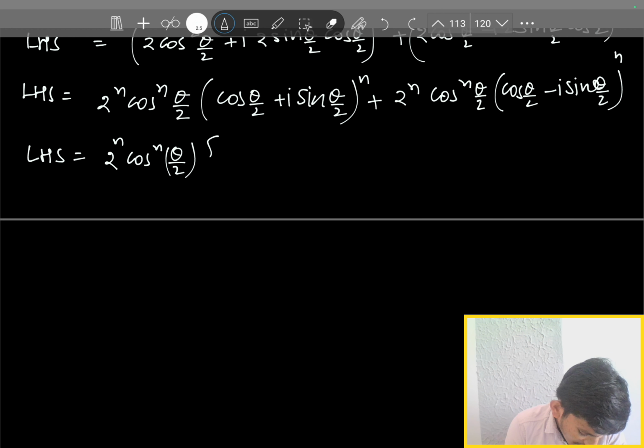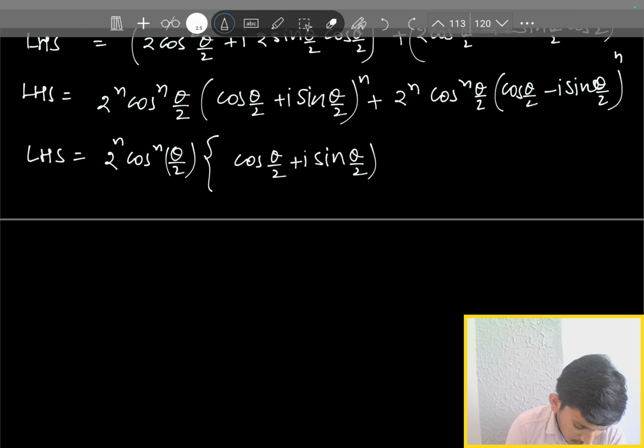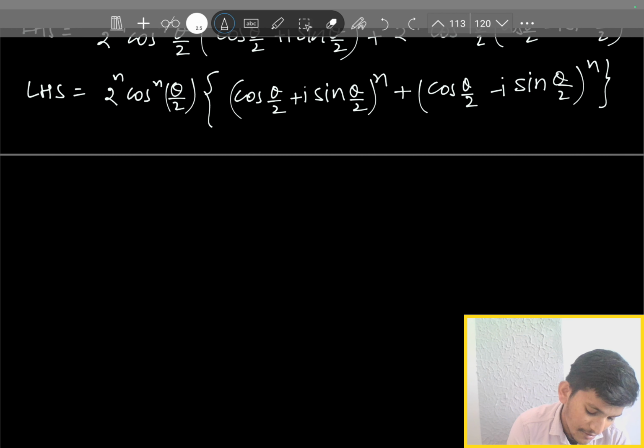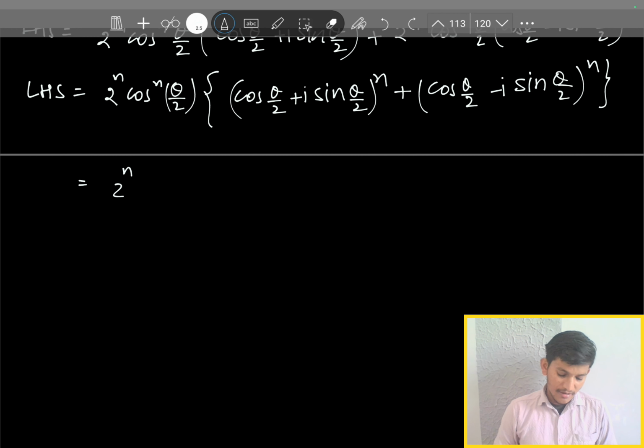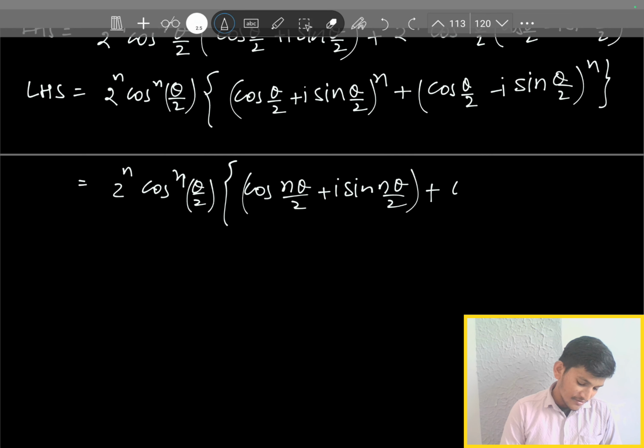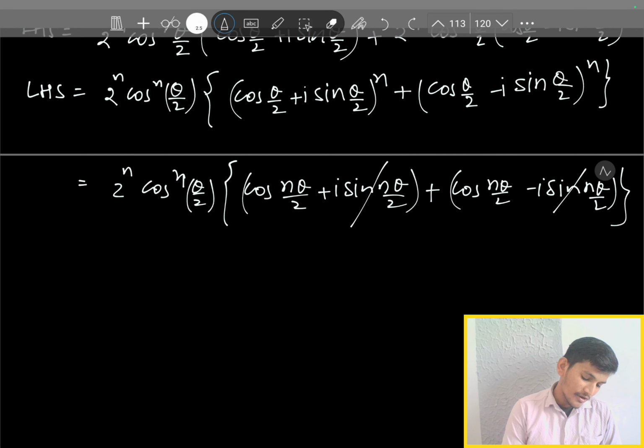So the left hand side will be equal to 2^n cos^n(theta/2), taken common from the first and second term, times (cos of theta by 2 plus i sine of theta by 2)^n plus (cos theta by 2 minus i sine theta by 2)^n. Now, by using De Moivre's theorem, this has to be written as cos of n theta by 2 plus i sine of n theta by 2 from the first one, and from the next one cos of n theta by 2 minus i sine of n theta by 2.